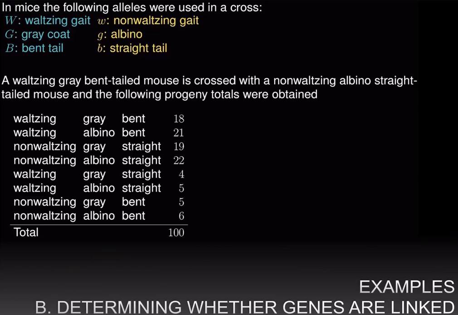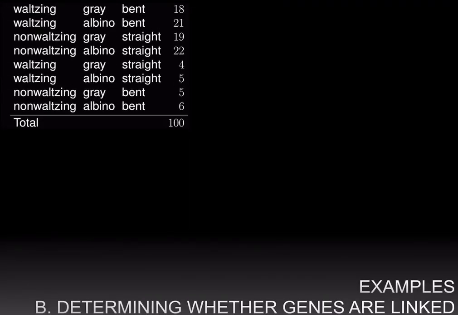A waltzing gray bent tailed mouse is crossed with a non-waltzing albino straight tailed mouse, and the following progeny totals were obtained. We are given these data and we have to determine whether the genes are linked or unlinked, and if genes are linked, we have to determine their map distance.